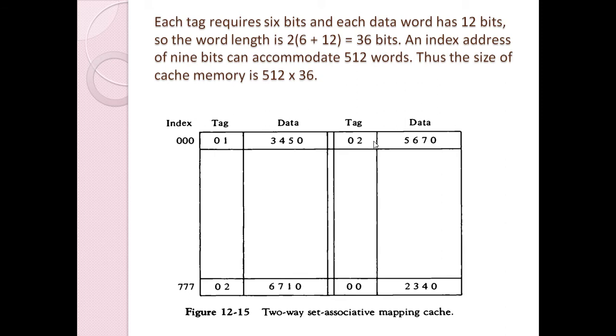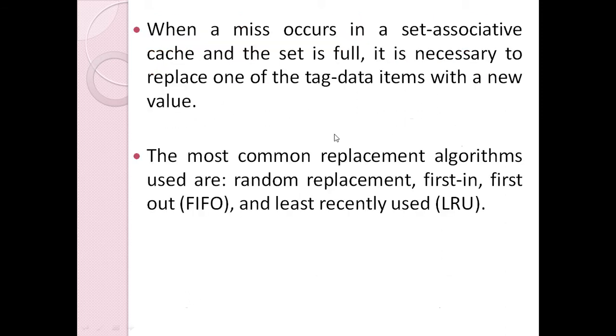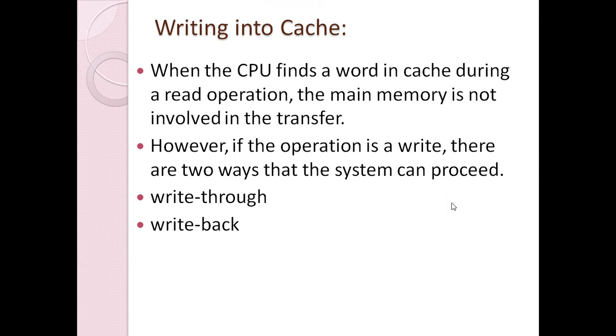So that is a miss. In that case, out of these two tags, one will be replaced. Which one do we replace? There are many different types of algorithms called replacement algorithms: random replacement, first in first out (FIFO), or LRU, least recently used algorithm. Those algorithms can be used for replacement.